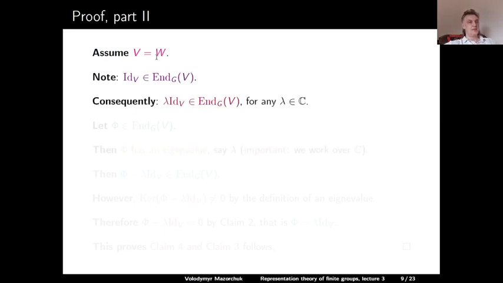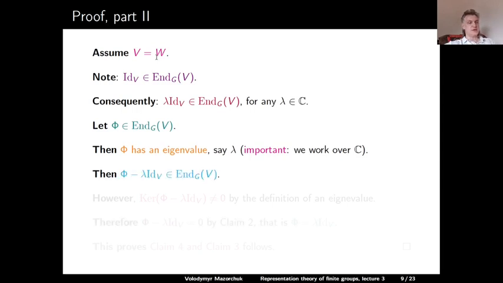any scalar multiple of the identity map is also an endomorphism of V, because endomorphisms form a linear space. Let phi be an endomorphism of V. Since we work over the complex numbers, phi is an endomorphism of a finite dimensional complex vector space. It has an eigenvalue. Let's call it lambda. Here it is very important that we work over the complex numbers.